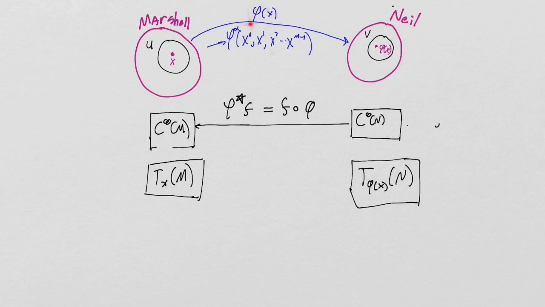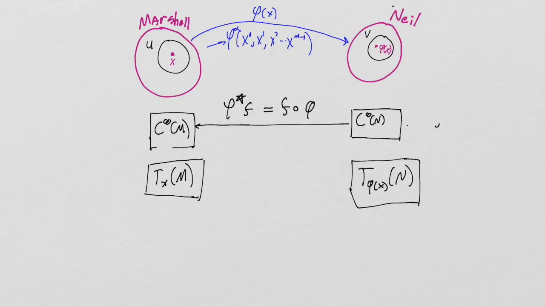And because we have this function, we know that if we have a point X in Marshall, we have a point phi of X in Neal. So this tangent space exists at this point phi of X for sure because of the existence of this function. And likewise, arbitrary points in Marshall exist, right? So this thing exists and this thing exists.